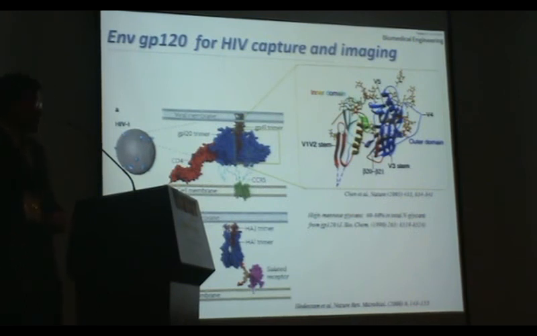Then I also tried to capture a single virus using surface chemistry. This is the structure of the HIV virus and the way it enters the cell. One of the target proteins is GP120, and GP41 too. GP120 has one shape and can be captured by CD4.